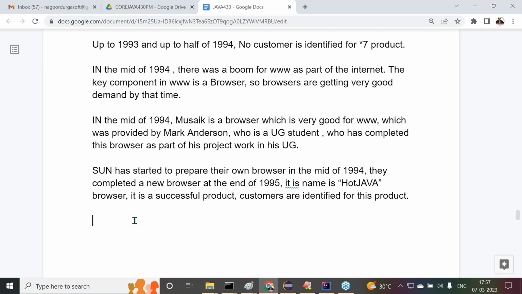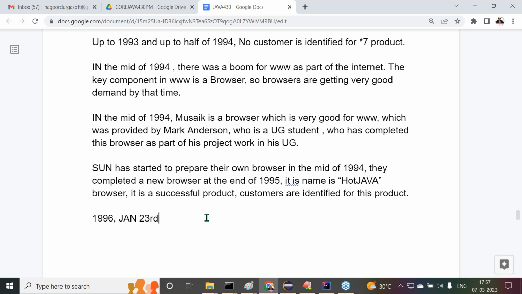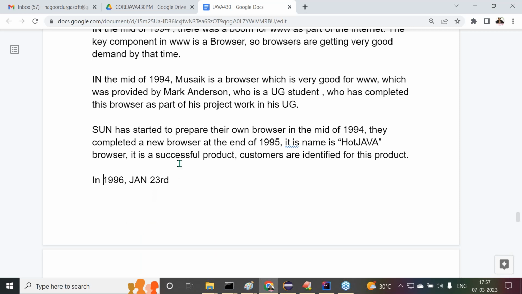The date is 1996 January month, I think the 23rd, but I'm not sure of the exact date. On 1996 January 23rd, Sun Microsystems released the Java programming language.